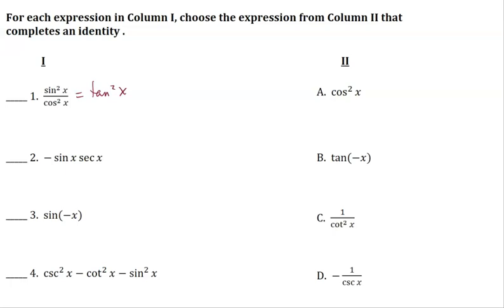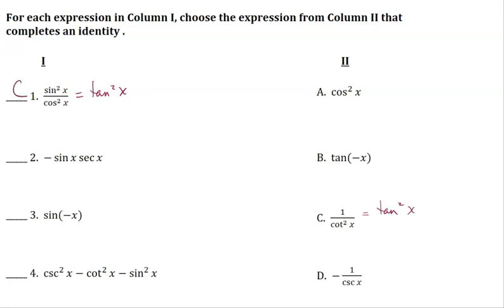Now, I don't see a tangent squared x in column 2, but I do see this. 1 over cotangent squared is the same thing. Let's move that up with the reciprocal identity. That's the same thing as tangent squared.